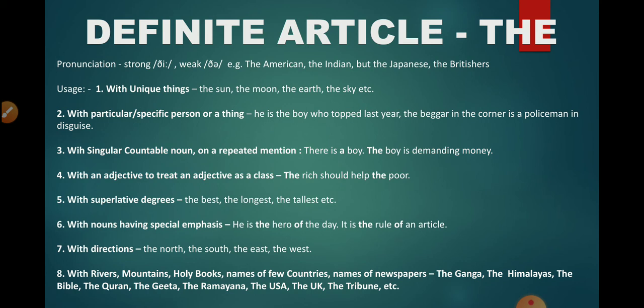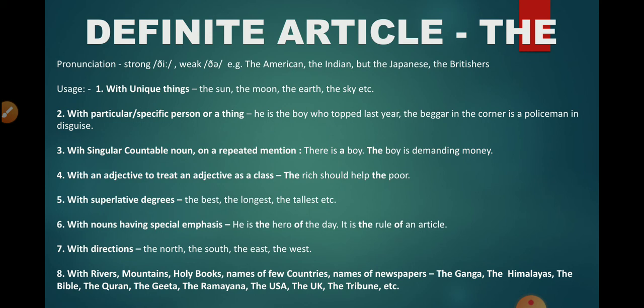And if we want to use that particular adjective to represent a full class of that particular kind of persons, then we use a definite article before that adjective, which would mean that we are here referring to the full class of that particular kind of person, rather than using that qualitative word to give quality of a particular noun.